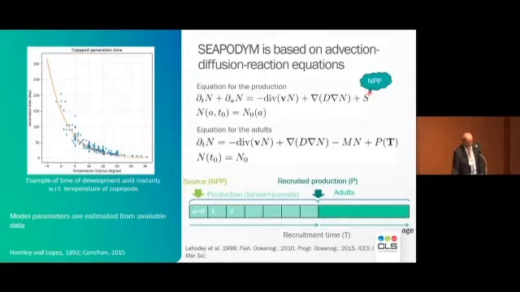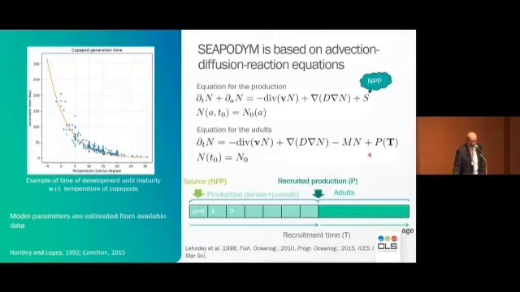The source term is given by the net primary productivity, and the population is discretized in age. We differentiate two age stages of this population: a first life stage, which are larvae and juveniles, and a second age stage, which is composed of adults.